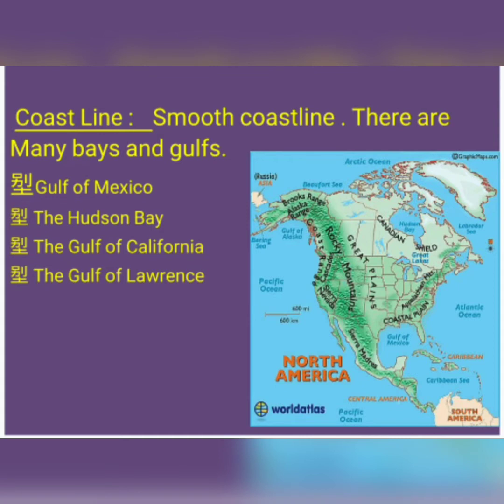North America has a smooth coastline, but as it has many wide openings along the coastline, there are many bays and gulfs. The Gulf of Mexico, the Hudson Bay, the Gulf of St. Lawrence, and the Gulf of California are some of the important gulfs and bays.